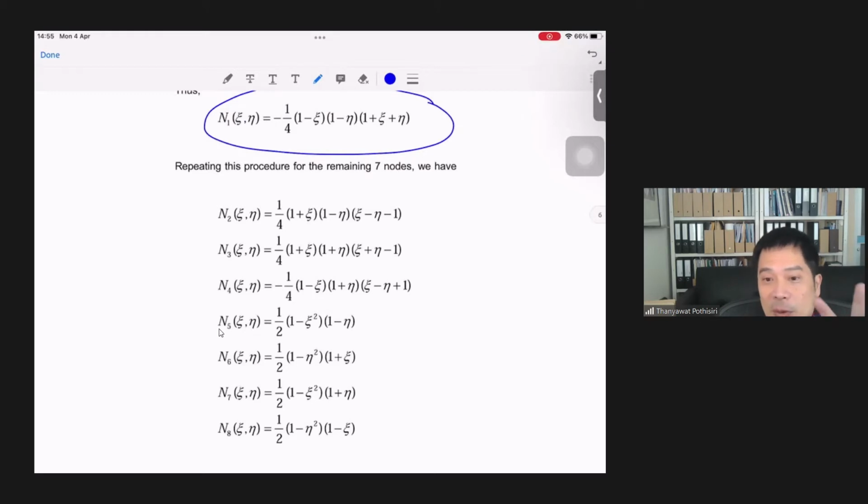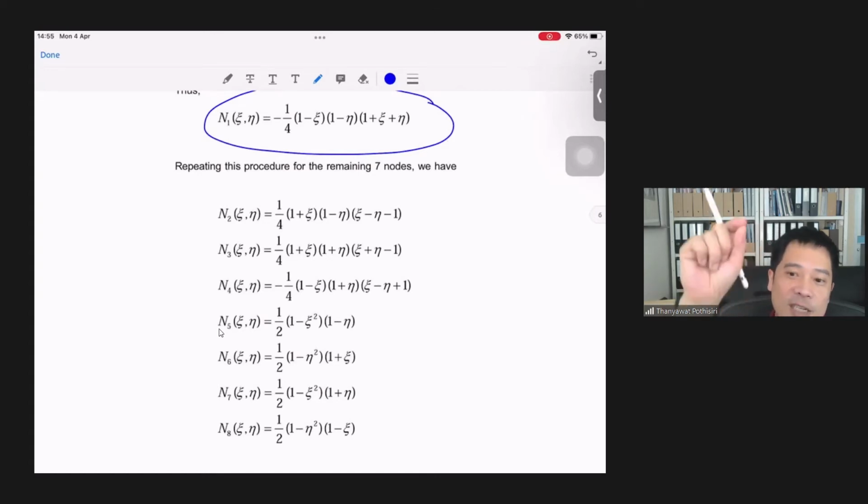Now, once you have these shape functions, you can follow pretty much the same procedure for computing all other quantities of interest. For example, you can use this N to approximate the displacement function within your element based on the nodal displacement.